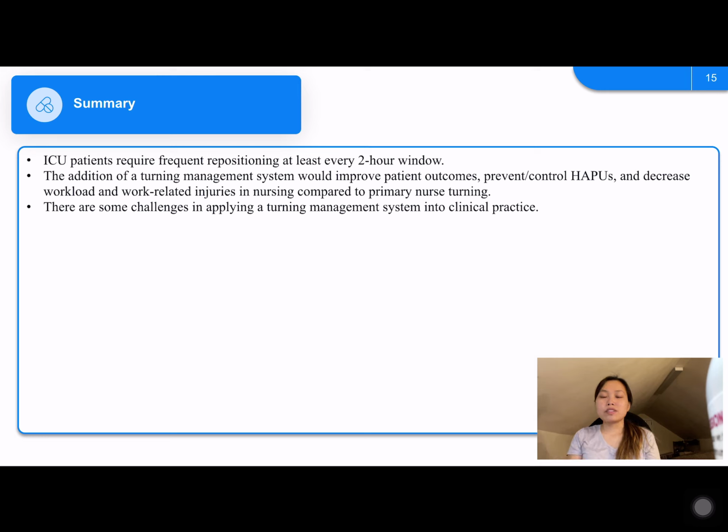But if the turn team is able to communicate with the primary nurse and knows how to monitor and assess the patient, they will be able to maximize the benefit of this intervention. And of course, the nursing staff need to be educated on the turn team and also the turning system. Therefore, I recommend applying the turning system and the turn team to the hospital acquired pressure ulcer prevention and control intervention.